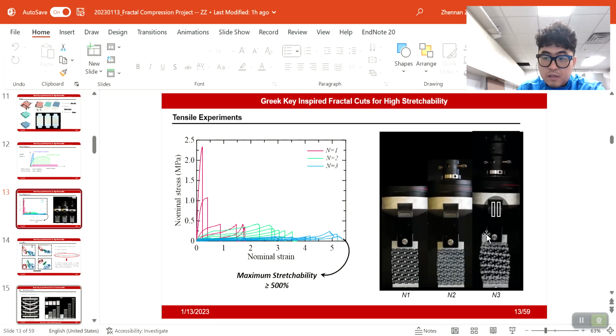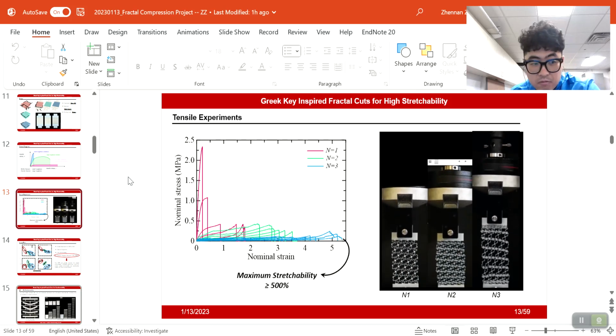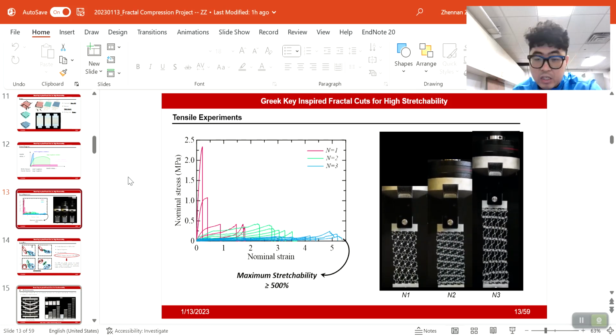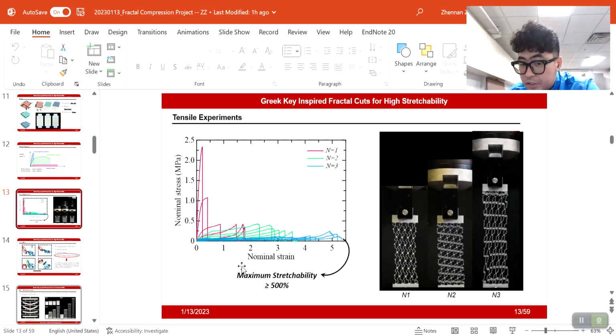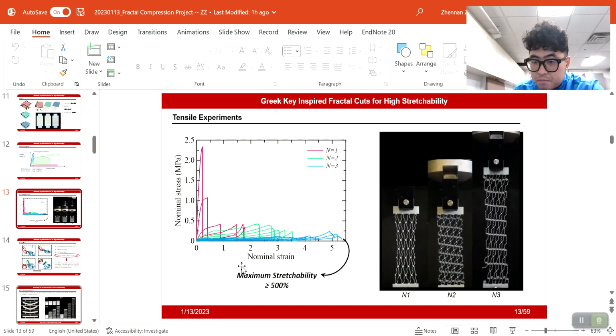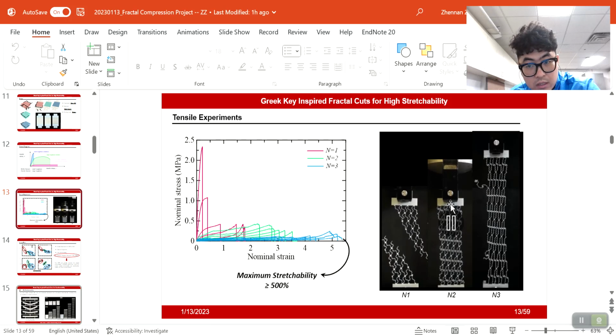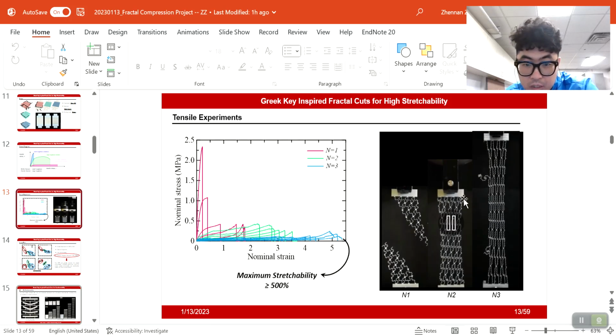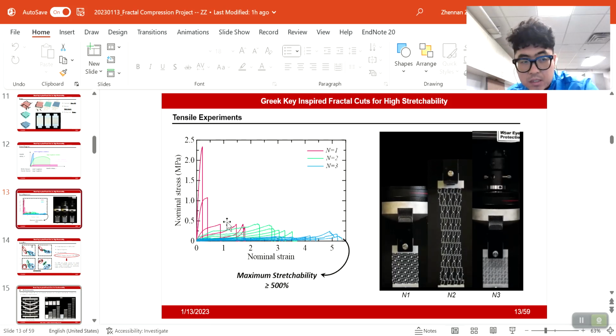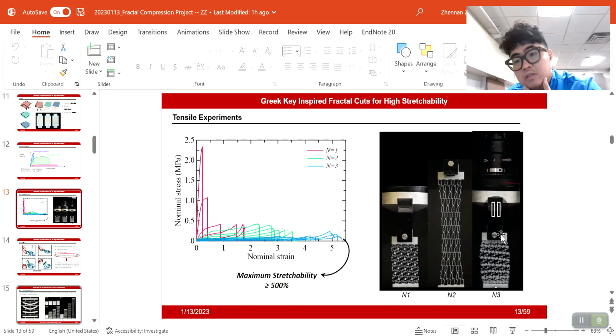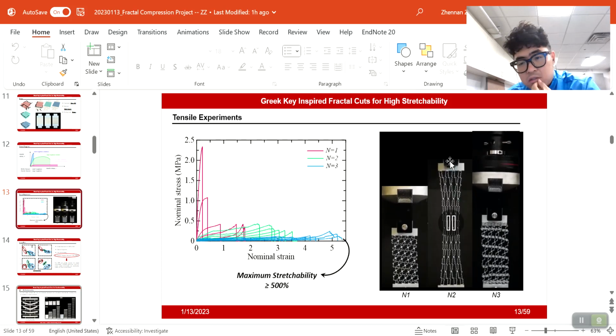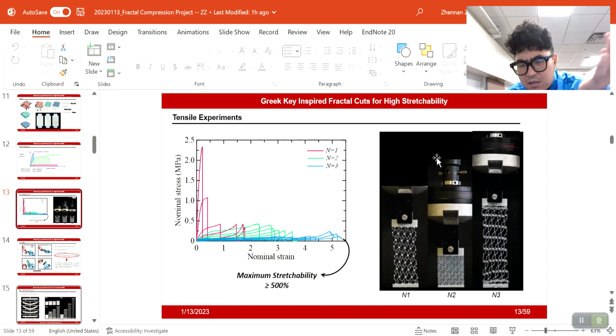From this study, we can achieve more than 500% stretchability from a very brittle basic 3D material. And the stretchability of this kind of basic material may only be below 10%.